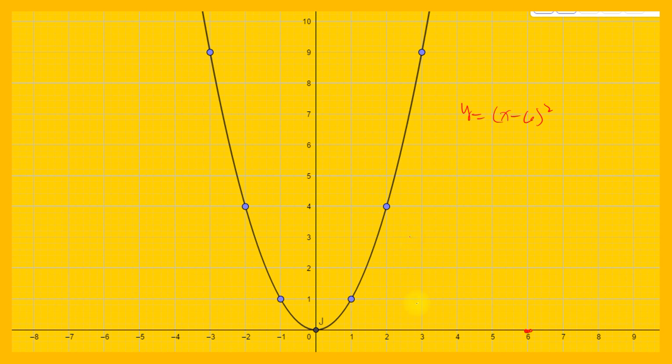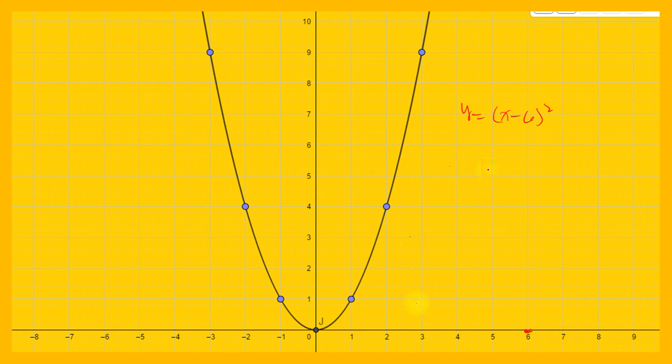How about y equals x plus 3, squared. For this one, h is negative 3, meaning we're going to move each point 3 units to the left. So this one becomes 1, 2, 3, there.